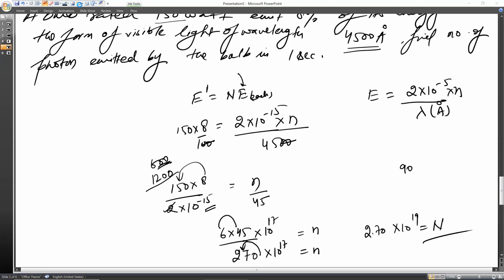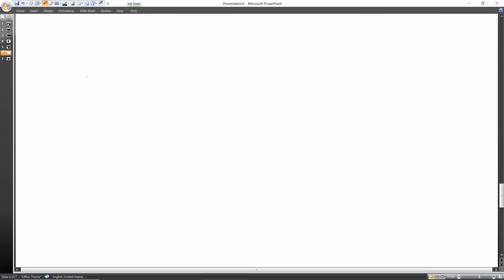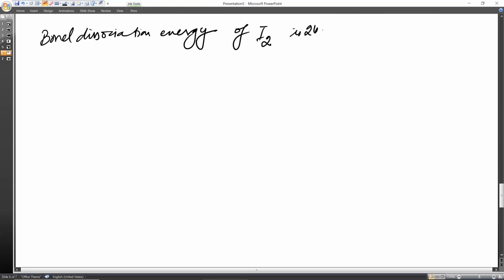Let's do the next question. It is kilojoule per mole. This is also a type of question that is being asked. The bond dissociation energy of I2 is 240 kilojoule per mole. This is the energy, kilojoule per mole.